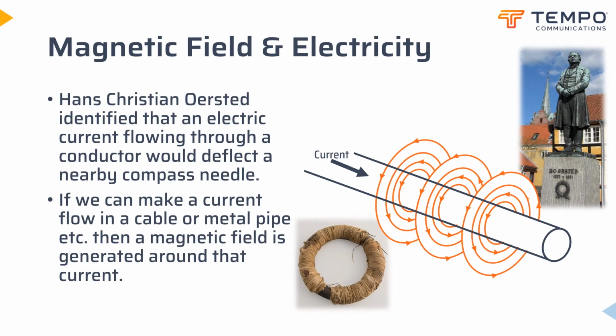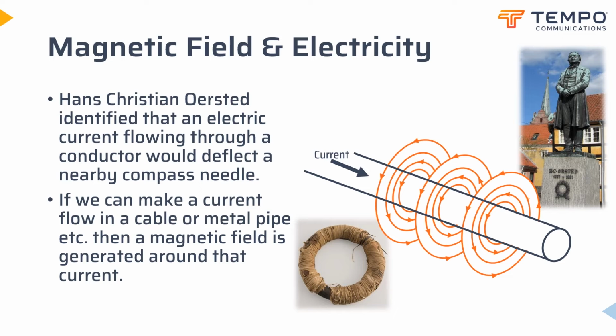In April 1820, Hans Christian Ørsted was the first to document the observation that an electrical current flowing in a wire would cause a nearby compass needle to move. In 1831, Michael Faraday discovered electromagnetic induction, that the reverse also occurred. Changing the magnetic field near a wire could induce a current.